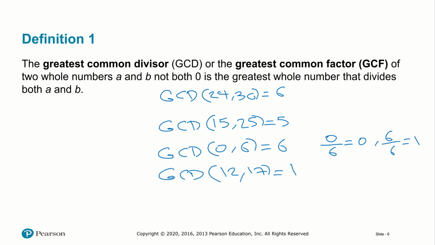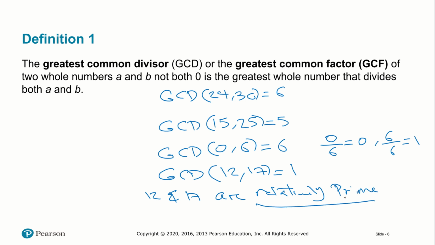In this case, where the GCD of two numbers is 1, we say that these two numbers are relatively prime. So we can say 12 and 17 are relatively prime. That's the word that we use.